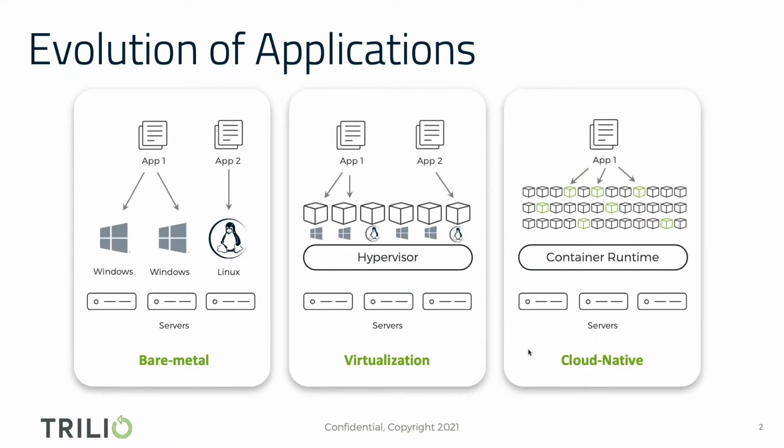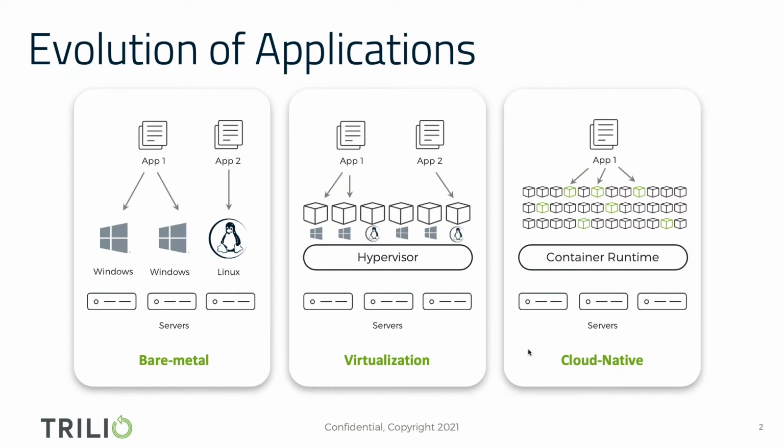In the bare metal and virtualization era, we had applications comprised of tightly integrated components working within the boundaries of an operating system. You could scale these apps, but they were not dynamically scalable like applications in a Kubernetes environment. All the components that make up the application are siloed and tightly coupled.